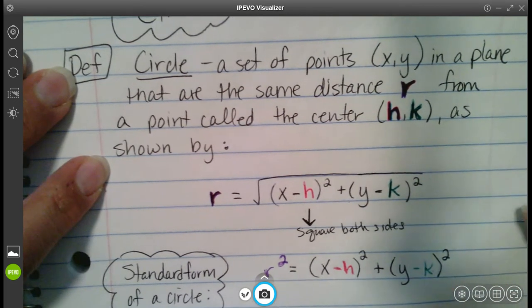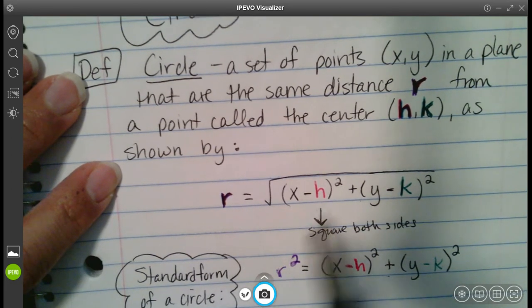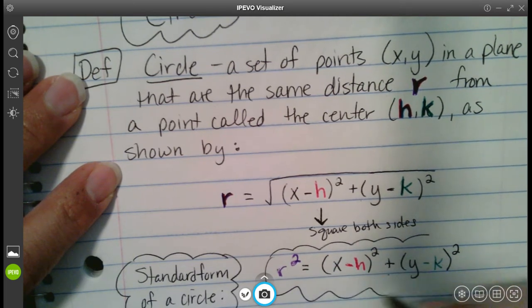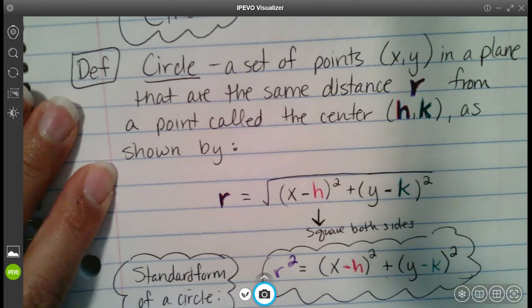Essentially all I really did was get rid of the square root, leave everything else, and make this into a square. But this right here is key, because from here we can figure out a whole bunch of things.